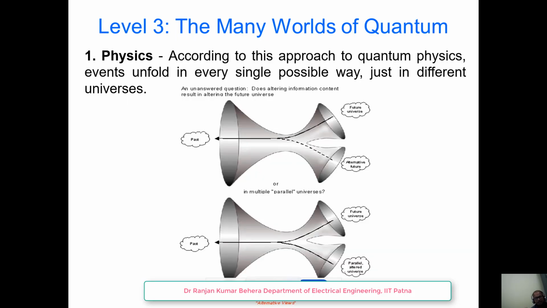According to quantum physics, this approach says every single possible way exists in different universes. You have one universe, and in due course of time they generate different space and time. For example, if you have a subway, there are different paths. If you go to Howrah station, there are a lot of subways.